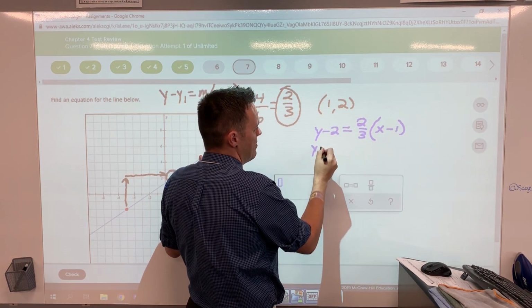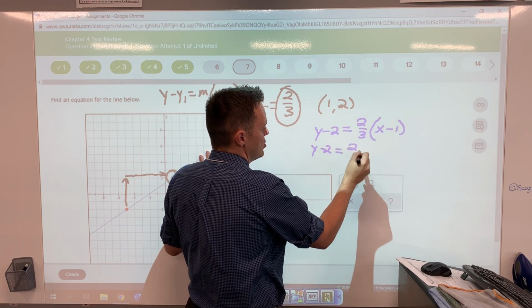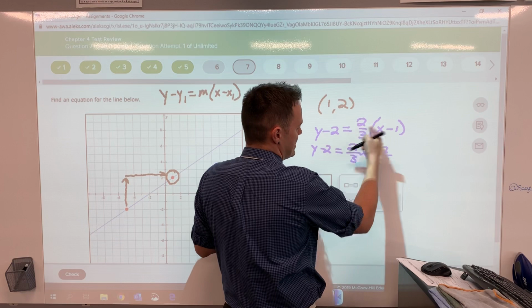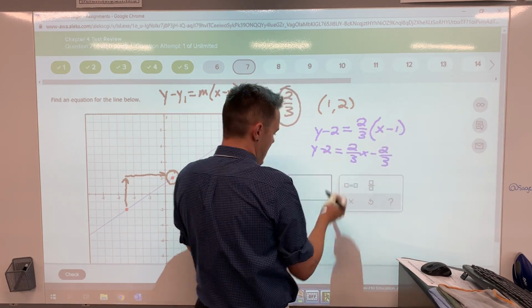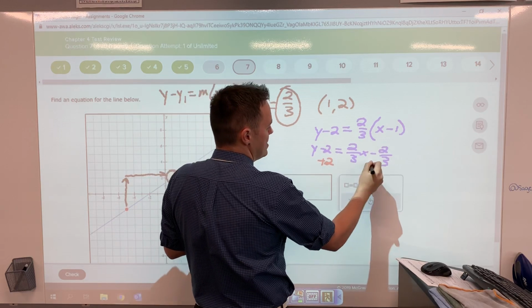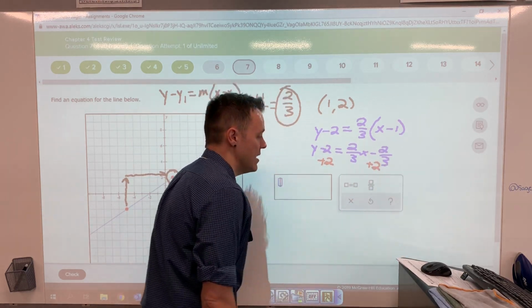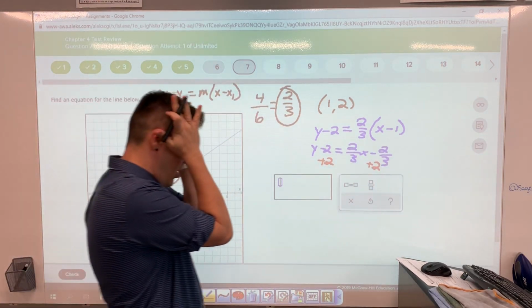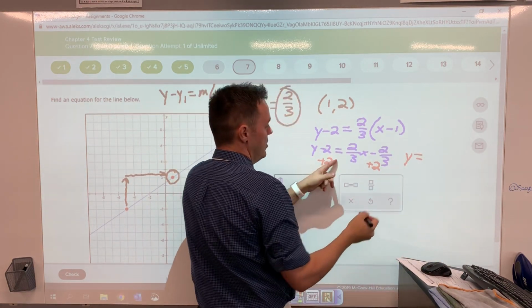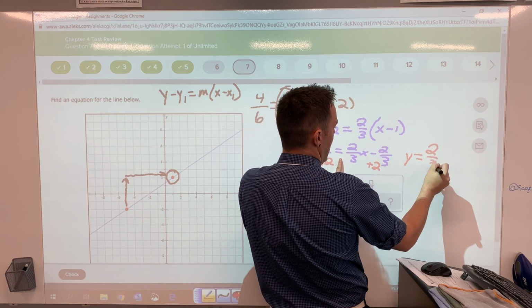Okay, so this is y minus 2 equals 2 over 3x, and then it's minus 2 over 3 because that times that is a negative. Then the last step on this would be to add 2 to both sides. Okay, and if I do that, ladies and gentlemen, I'm going to get 1, and I'm going to do this in my head. Usually you should get a calculator. 2 over 3x.